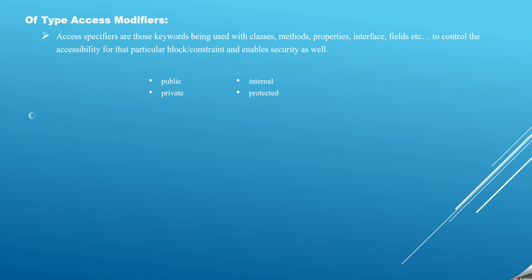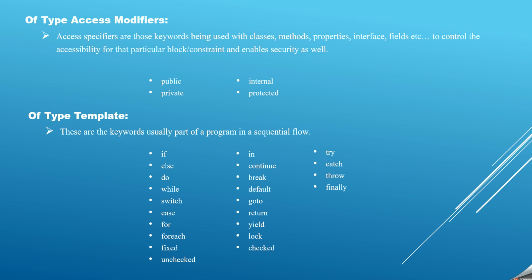Okay, so now the type template. These keywords are usually part of a program in a sequential process, so not to worry about how complicated it is. What is a template? Nothing to worry about. A template is nothing but the block we consider while writing a program, and these are the common keywords we have been using from the start of our IT careers: if, else, do, while, the branching and looping keywords.